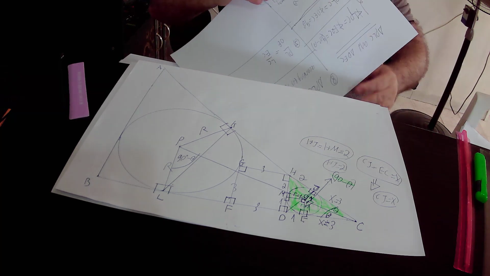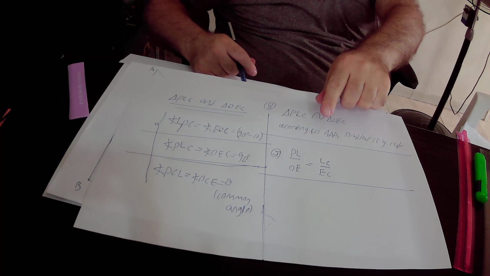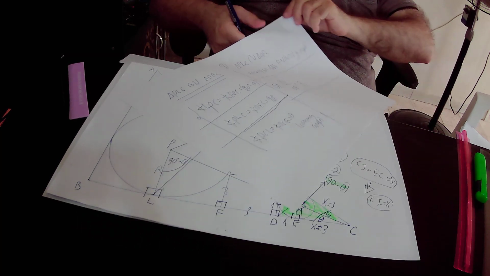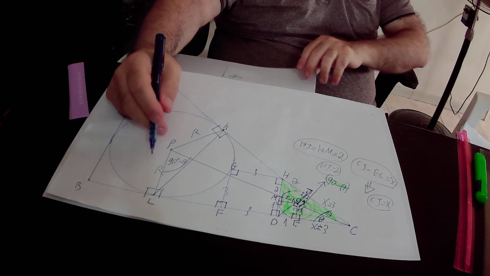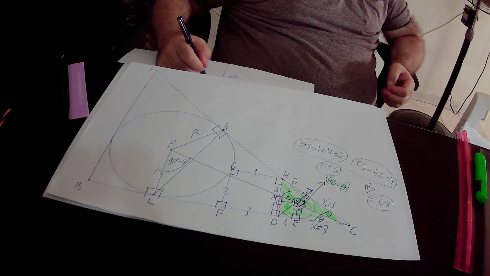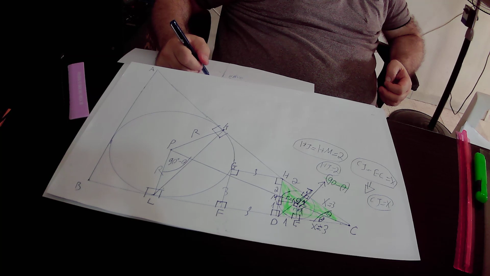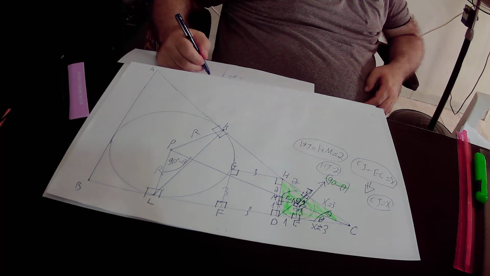Repeat again. We conclude that PL over OE equals to LC over EC. PL is the radius of the big circle that is equal to R over OE. OE is the radius of the small circle that is equal to 1.